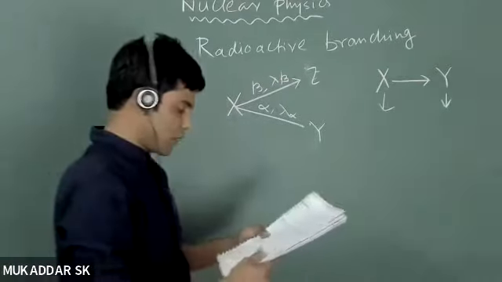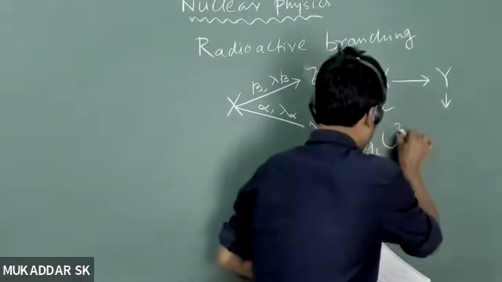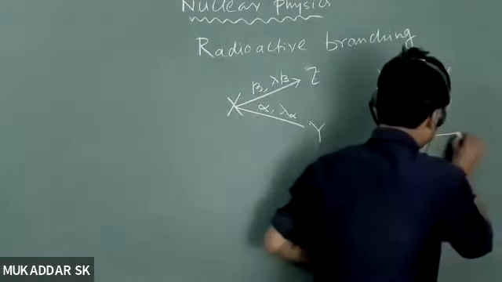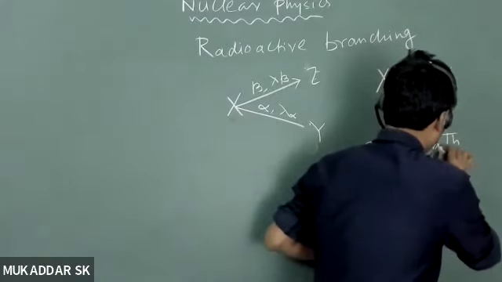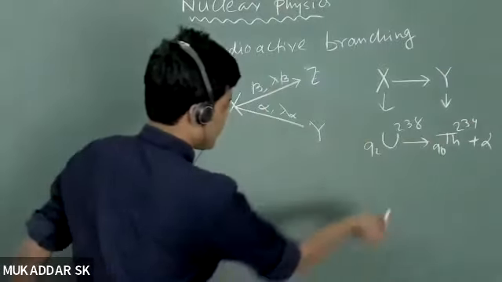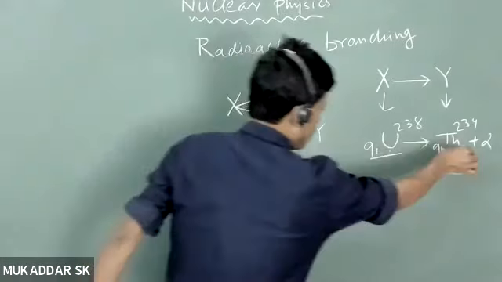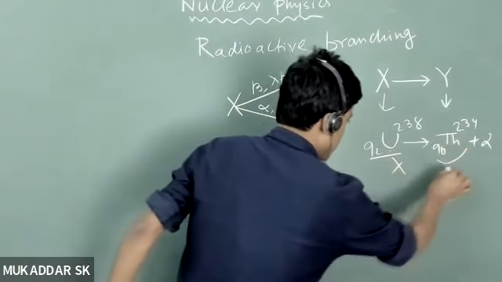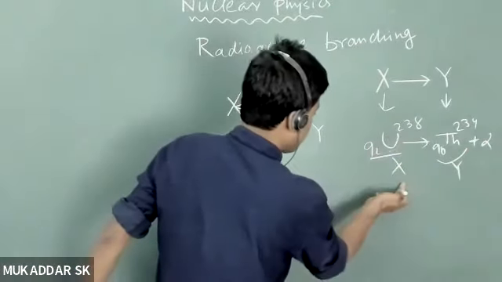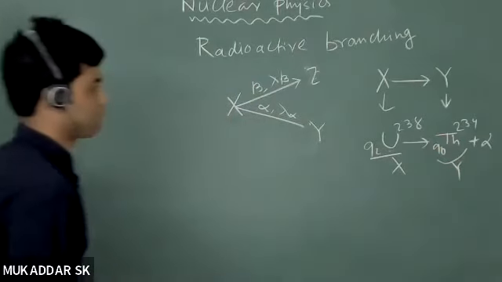For example, suppose you have a uranium 92 238 decaying to thorium 90 234, and you have an alpha particle. You can see that whenever you have a uranium nuclei, it will decay to thorium nuclei. So you have an X here and corresponding Y that is fixed. If this is your X radioactive nuclei, it will only follow a single chain and go to the daughter nuclei.